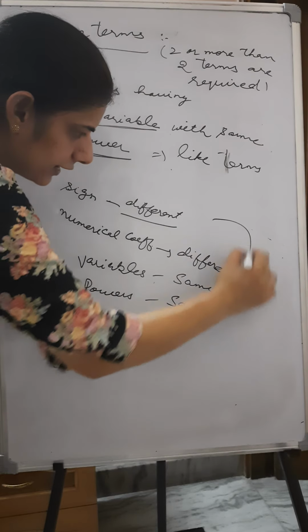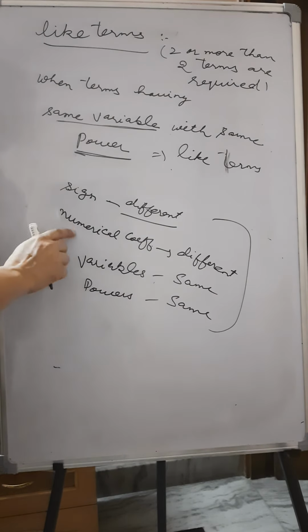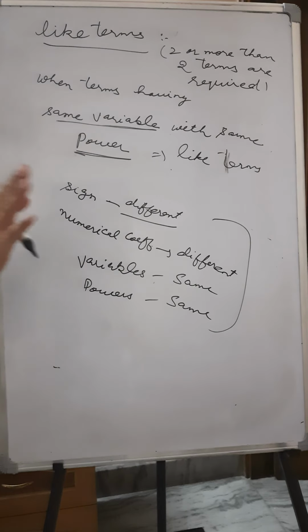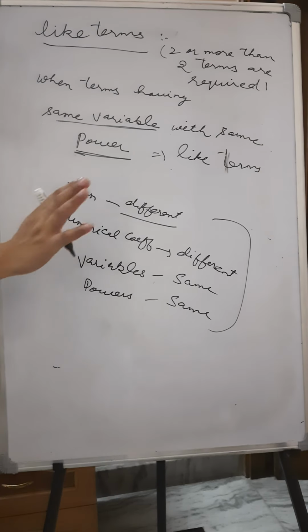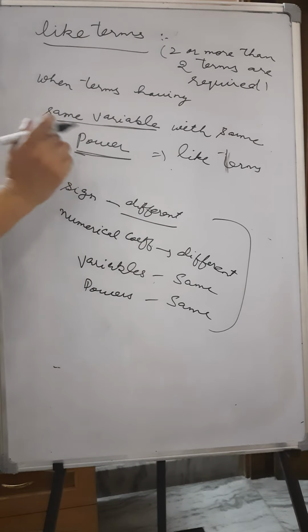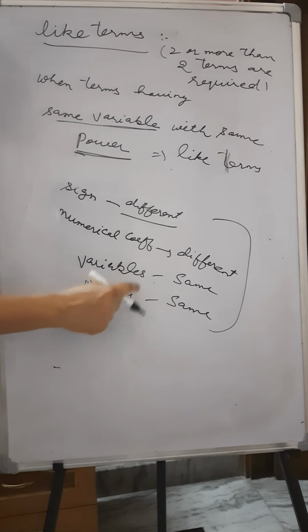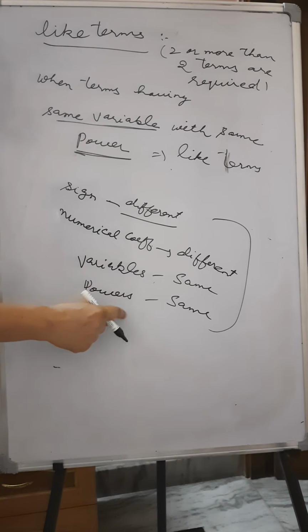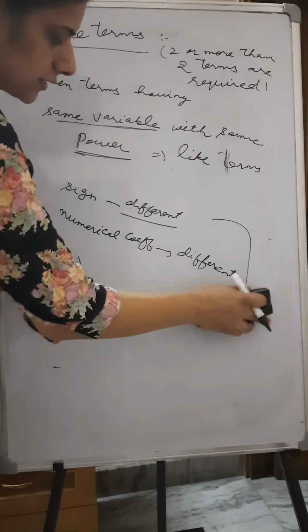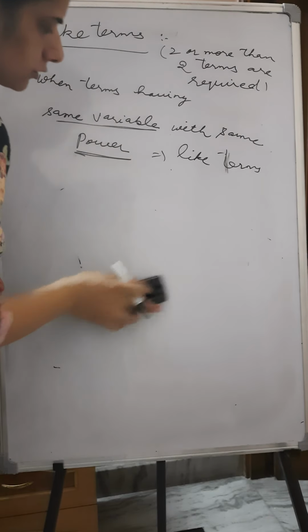Then only you will get the like term. Sign and numerical coefficient do not matter. You are having same sign or different sign, same numerical coefficient or different numerical coefficient, it does not matter. Variables and powers are same, then the terms are like terms.